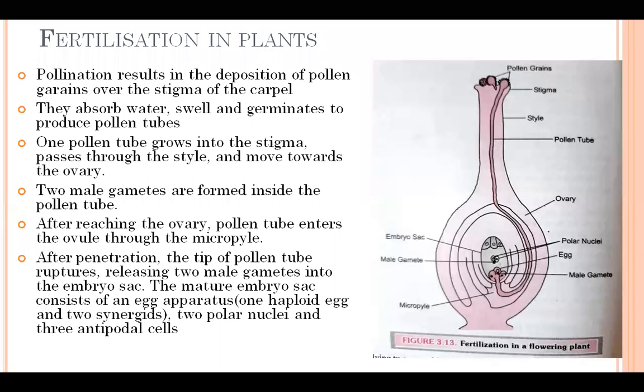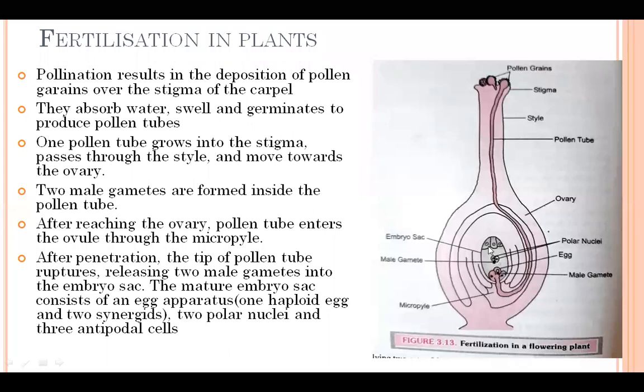So how does the embryo inside the seed get food? This is the source. Now these two polar nuclei are fusing with the male gamete. This triple fusion happens here and results in a tissue called endosperm, and that endosperm acts as a stored food. It provides nourishment to the embryo inside the seed.